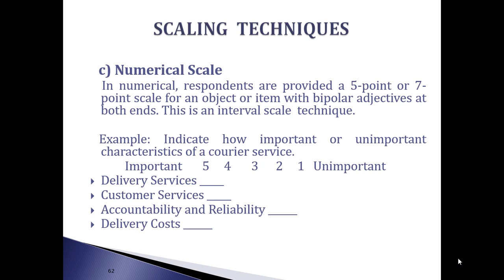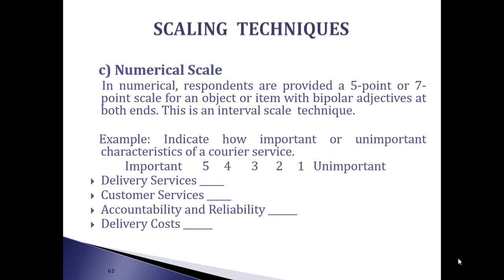Numerical scale. In numerical scale, respondents are provided a 5-point or 7-point scale for an object or item with bipolar objectives at the ends. This is an interval scale technique.